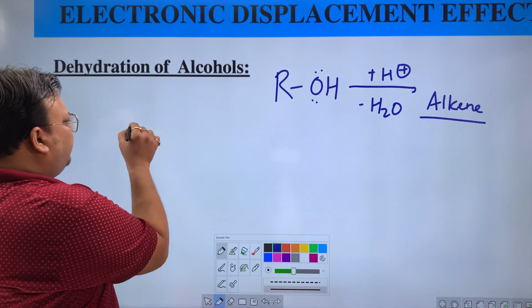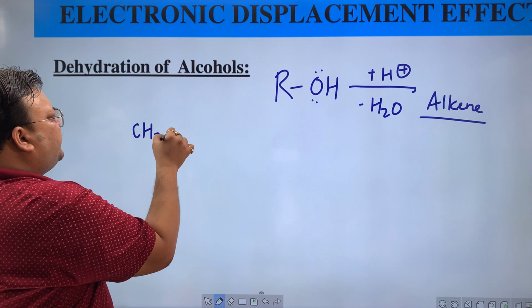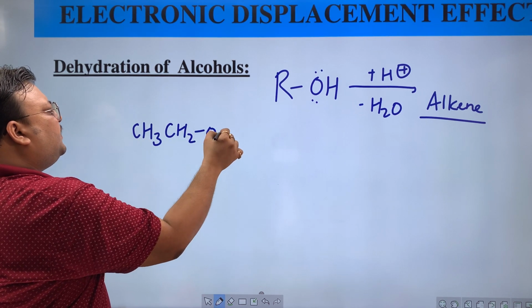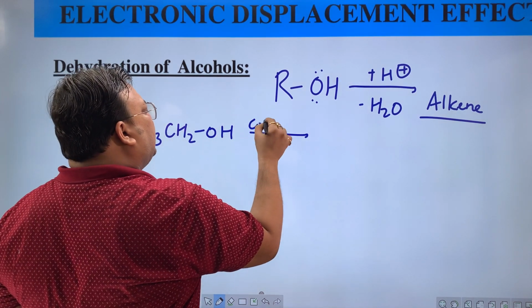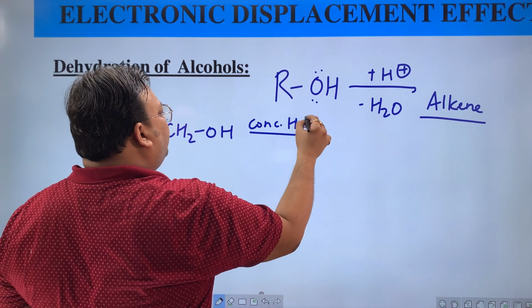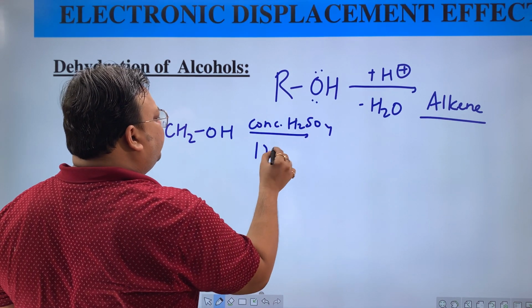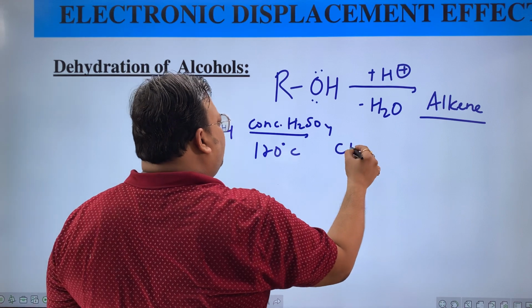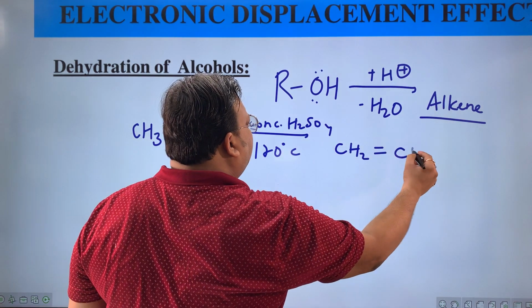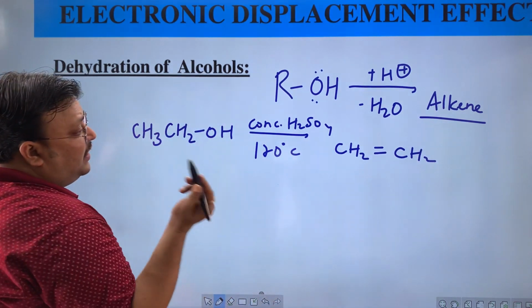Now this could be the simplest example, CH3CH2OH. This is a very common way of preparing alkene, with sulfuric acid at 170 degrees Celsius. You might have seen this once before in class 10 or class 11 maybe.